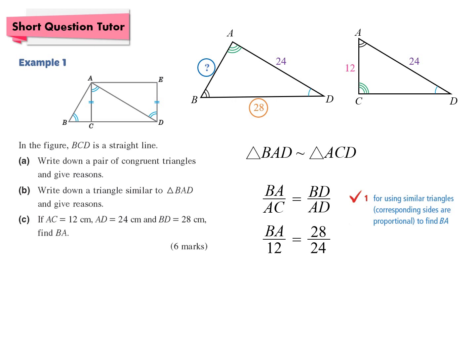By solving the equation, BA is equal to 28 over 24, and then multiply by 12. The final answer is 14 cm. 1 mark will be given for this correct answer.